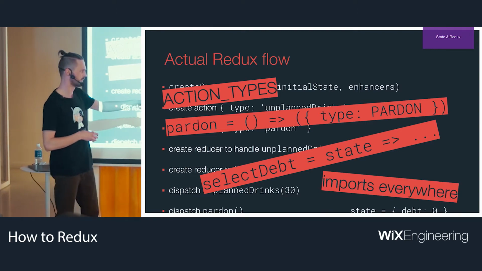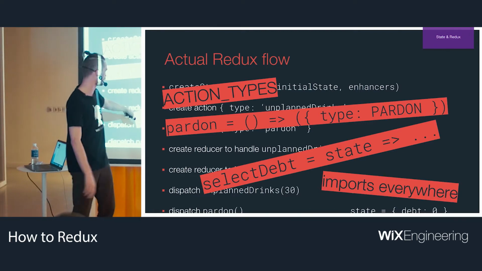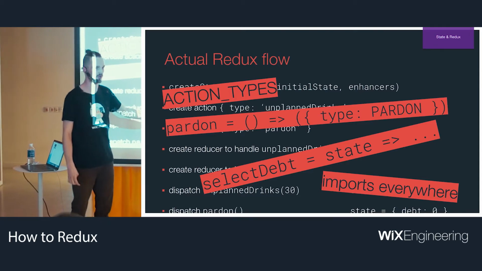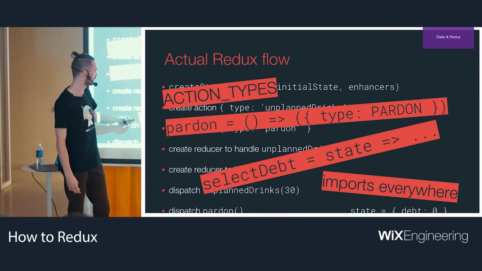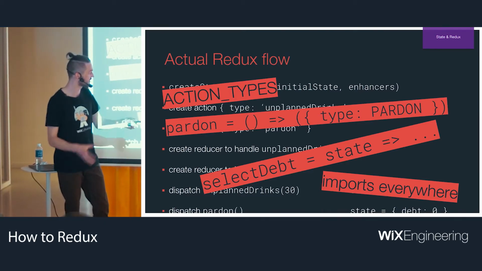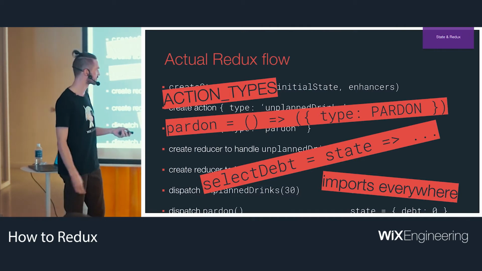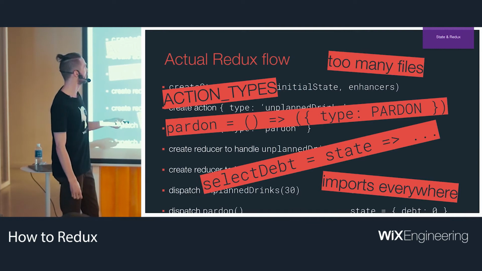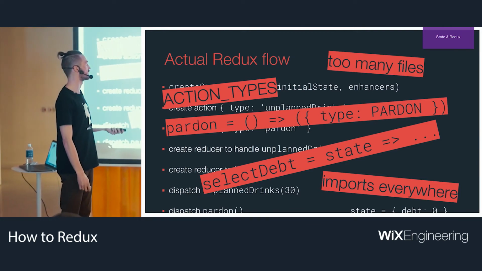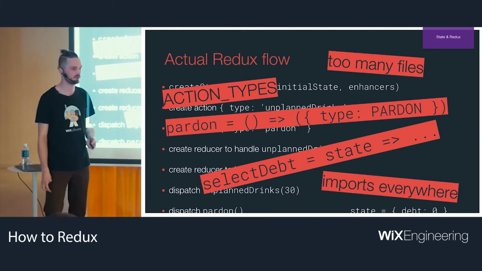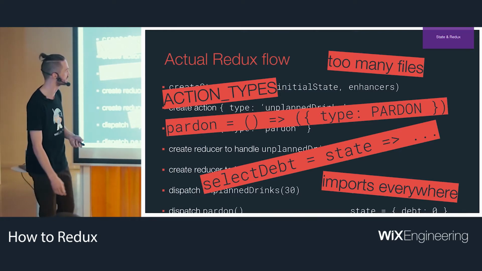As I said before, if you split these things, if you have not one selector, but you have, I don't know, 20 of these, then you probably want to start splitting stuff, and then you have a lot of imports everywhere. So it's also sort of boilerplate code. And yeah, you can just come into a place where you have too many files and you just don't really know what's going on.